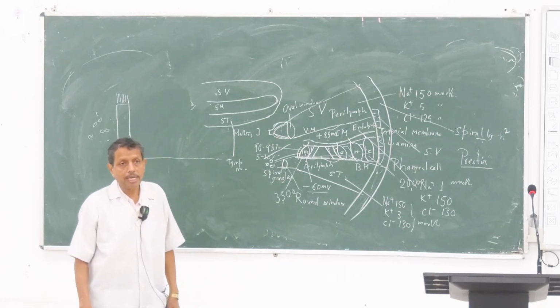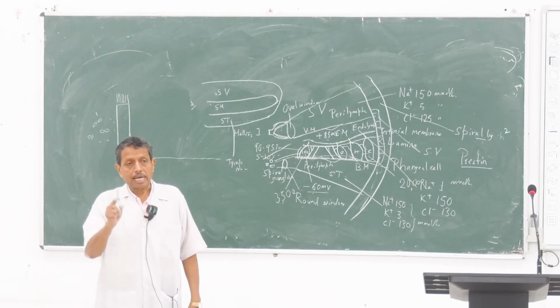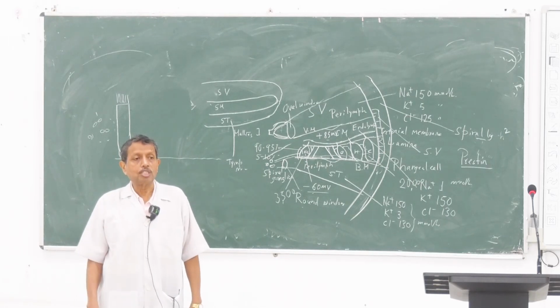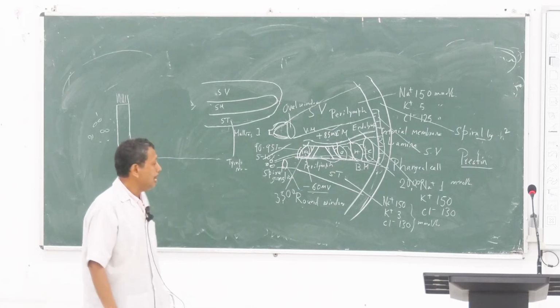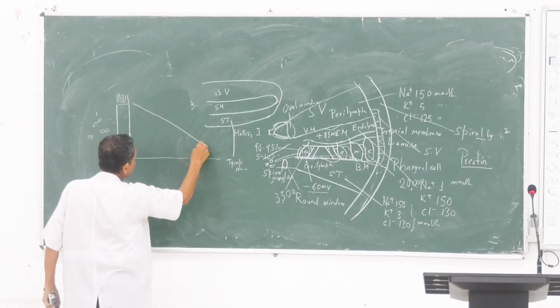They are not true cilia. They have actin filaments in their axis surrounded by myosin molecules, molecular motors, and they are disposed in this way.